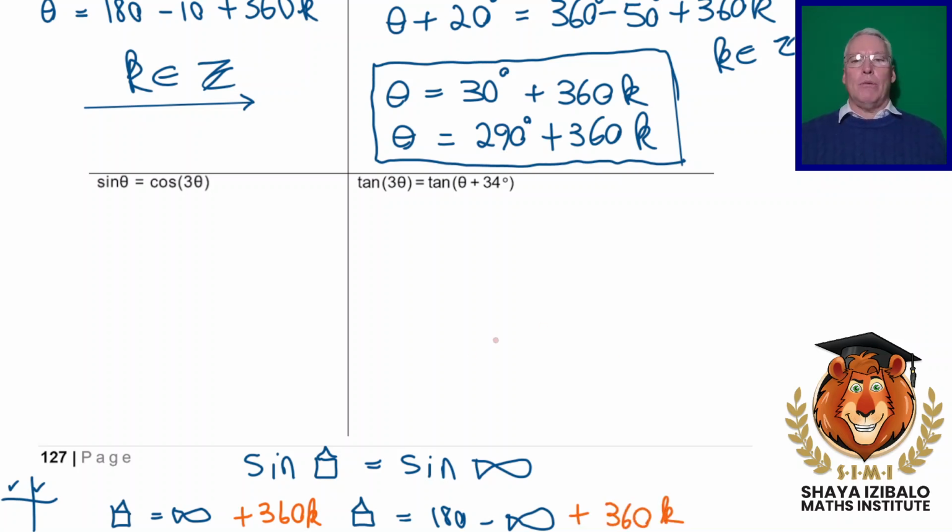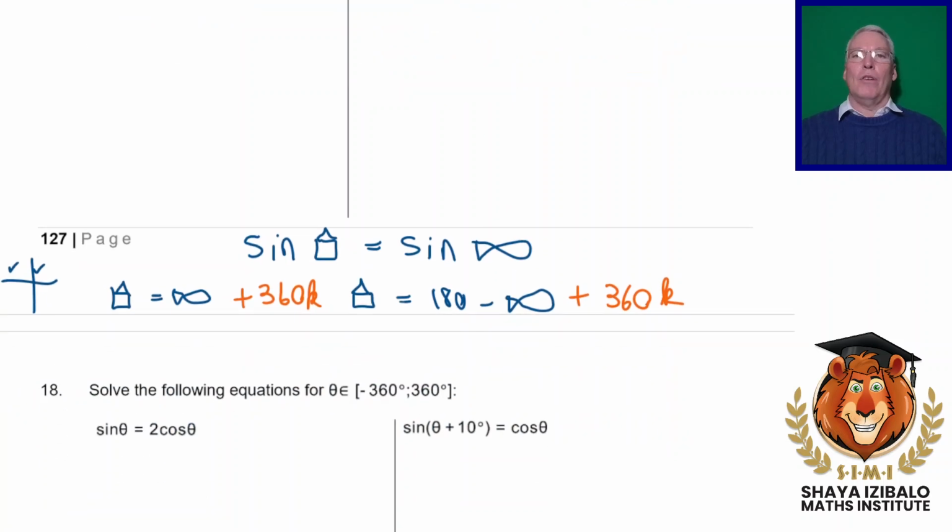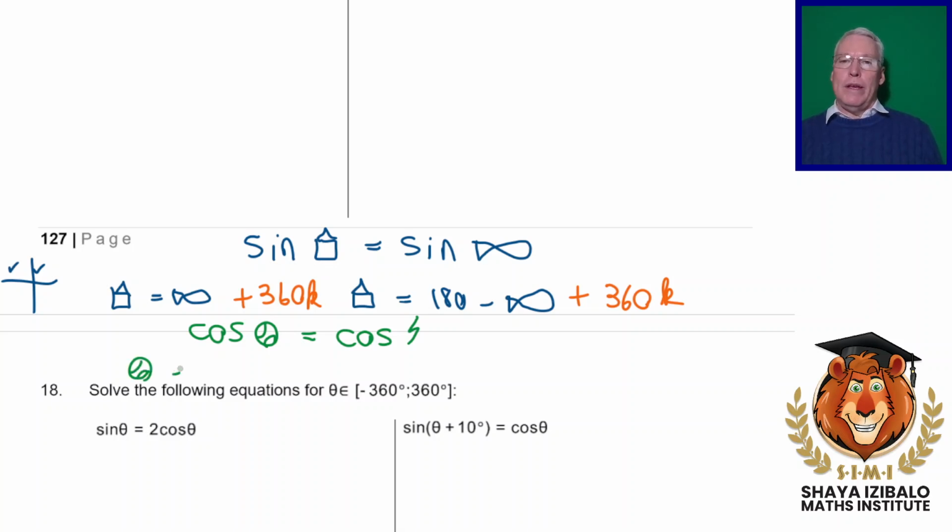If we've got cos equal to cos, and I'm just going to scroll slightly up here, and I'm going to write this at the top of the next page. If we've got, for example, cos of ball equal to cos of maybe lightning, then either we have ball equals lightning, or we have ball is 360 minus lightning.